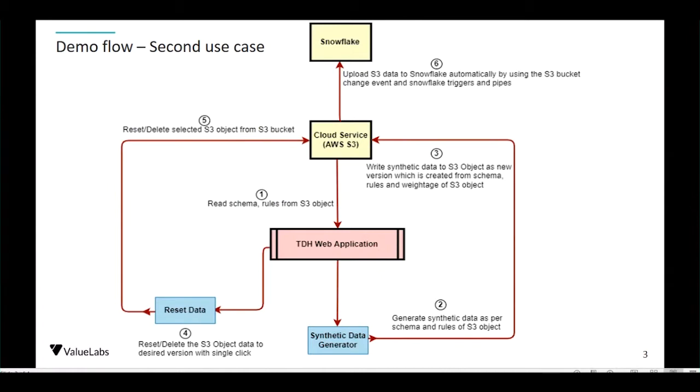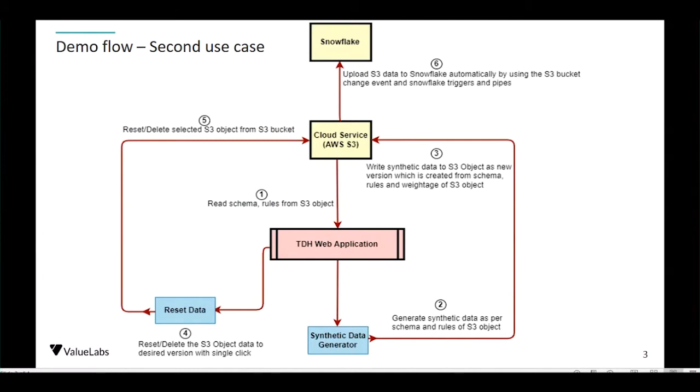So if we look at the right side: get the schema, generate the data, write back to S3 and Snowflake. In this portion, the testing team can perform their testing in their QA environments.